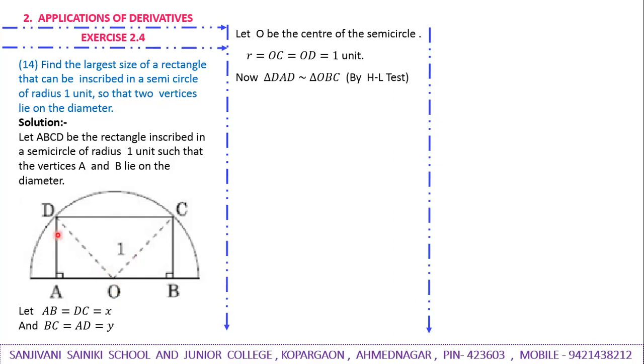Now in the triangles DAO and OBC, OAD and OBC by HL test, this OA is equal to OB.